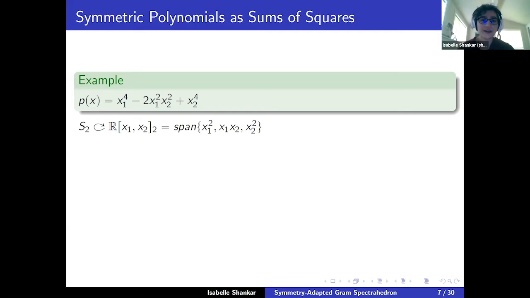So that's x1 squared, x1 x2, and x2 squared. In this ordering, we have a matrix representation where, of course, the identity element is just the identity matrix. And then permuting 1 and 2, that element has this matrix here with 1s on the anti-diagonal.